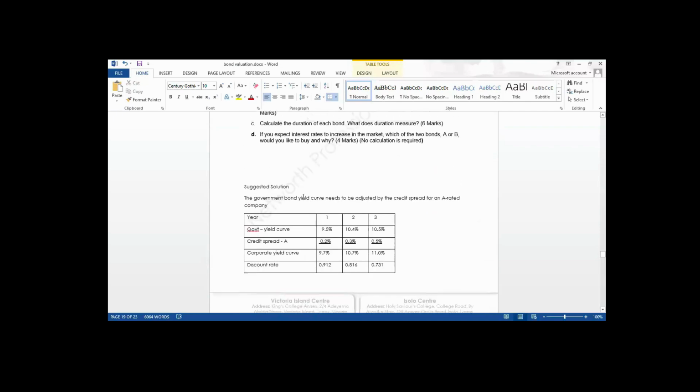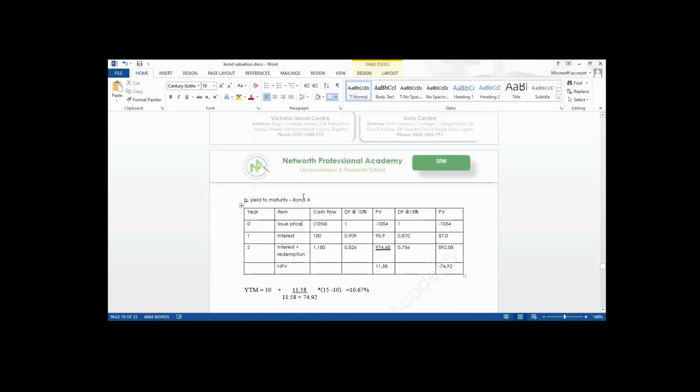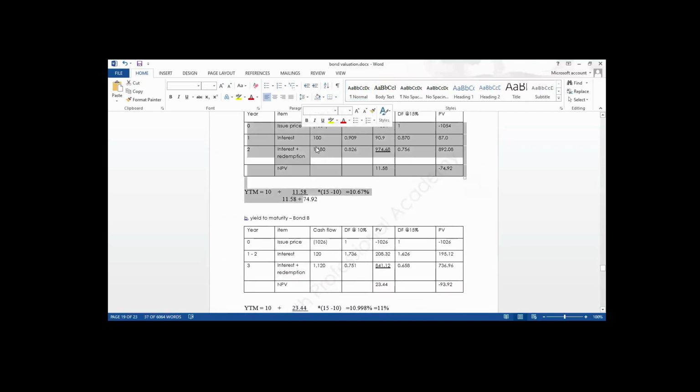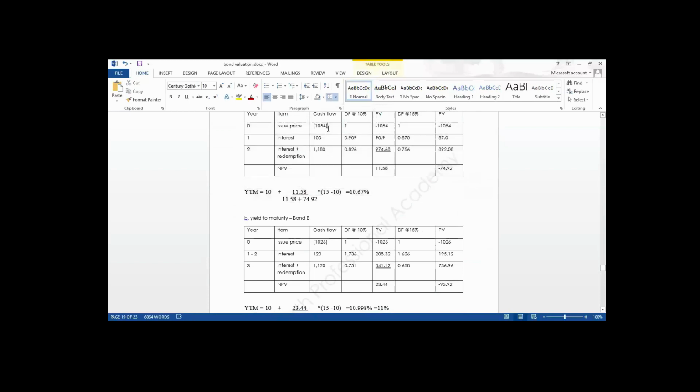Examiner says, assume 1,054. And we also derive 1,054. That is the issue price. The issue price will be in brackets because that is the price the investor will pay to buy the bond. At the point of investing in a bond, you are parting with your money.